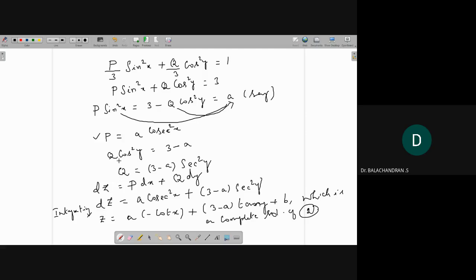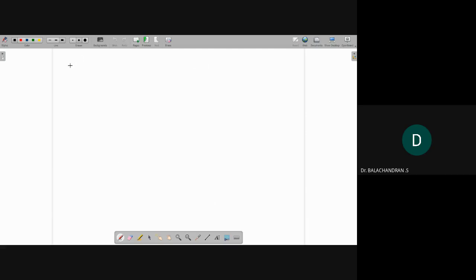So the complete solution of equation 1 is z cube, capital Z equal to z cube, equals minus A into cot x plus 3 minus A into tan y plus b. So this is the final answer. If you have any doubts about the first problem you can ask me, otherwise I will go to the second problem.